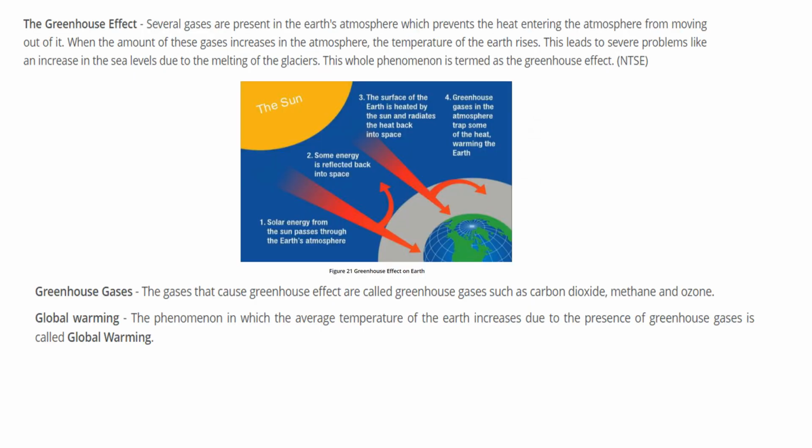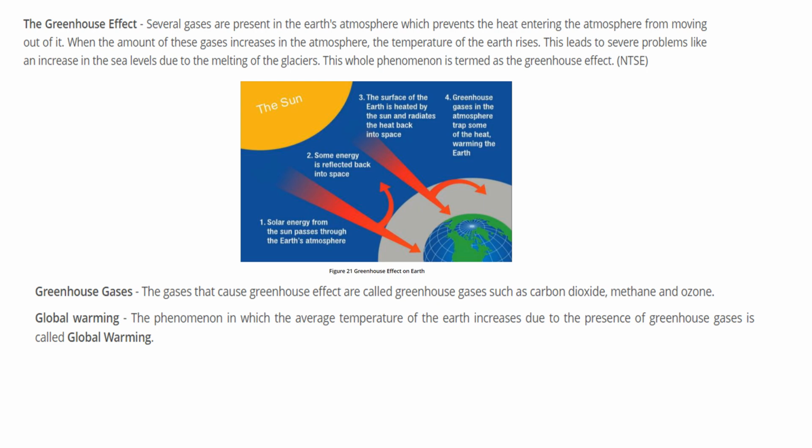So in the previous part, as I told you about the greenhouse effect, there are several gases present in the Earth's atmosphere that prevent the escape of heat from the Earth. Those are the greenhouse gases. Okay, that can be carbon dioxide, methane, and ozone.